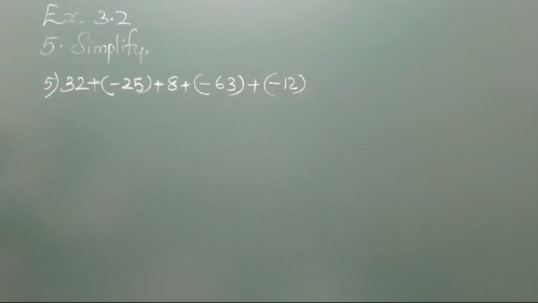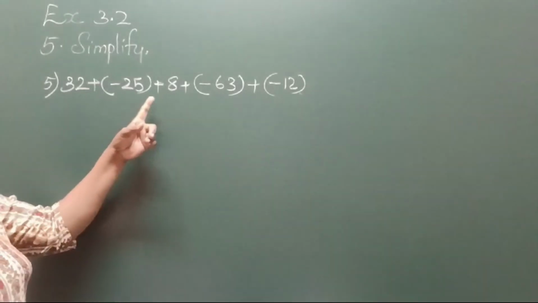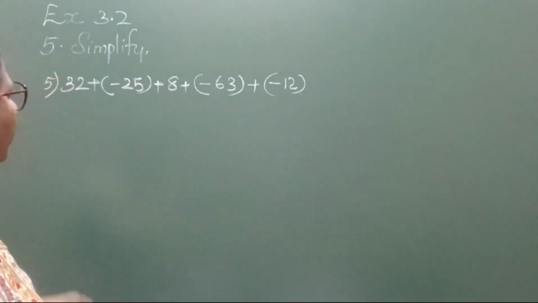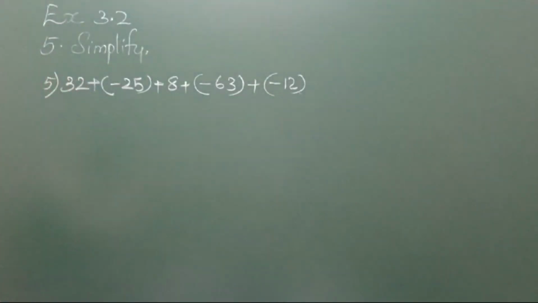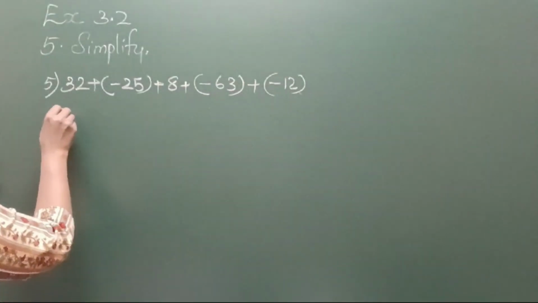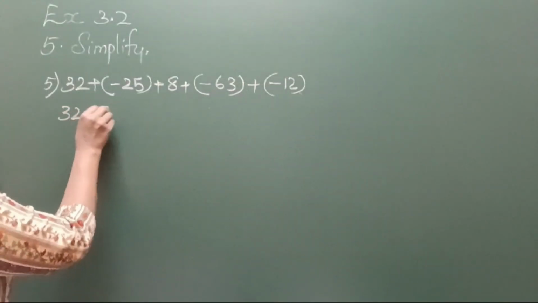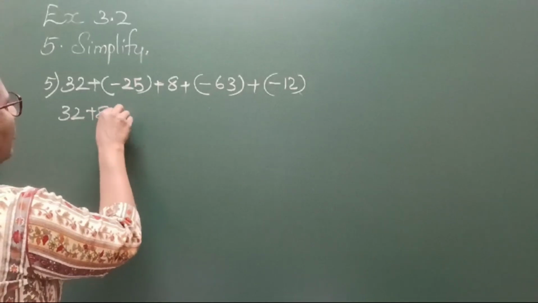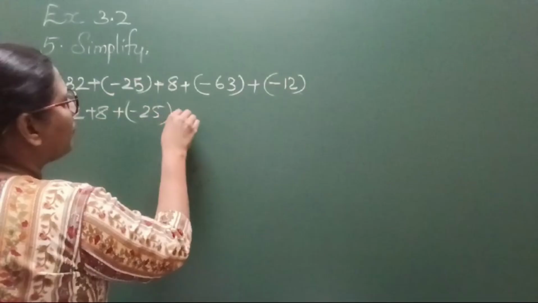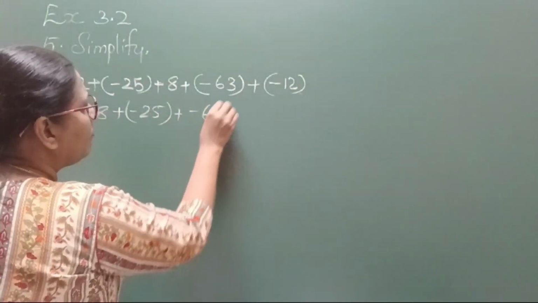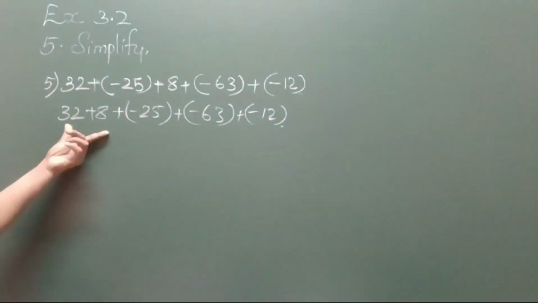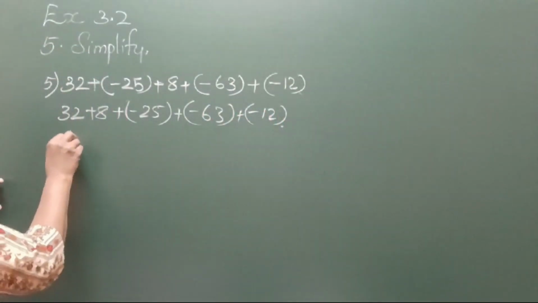Our next question is 32 plus minus 25 plus 8 plus minus 63 plus minus 12. Here there are 5 integers. So let's add the positive integers first: 32 plus 8. Then we'll do the negative integers, minus 25 plus minus 63 plus minus 12. 32 plus 8 is equal to 40.